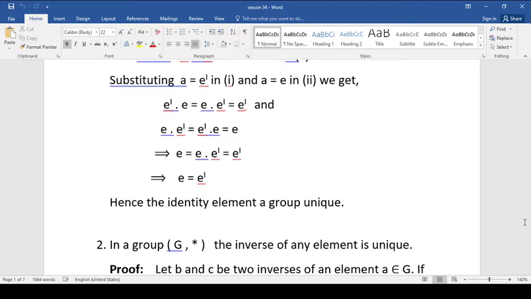And see here it implies that E is equal to E dash. That means we have considered that E and E dash are two different identity elements, and we got the result as both the identity elements are equal, and hence we can say that the identity element in a group is unique.